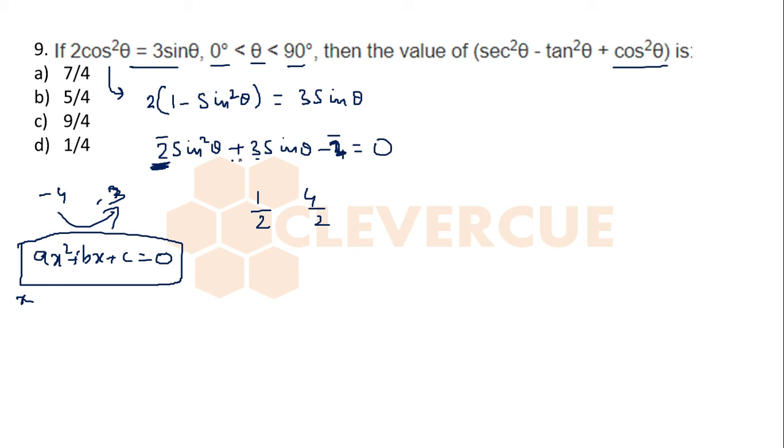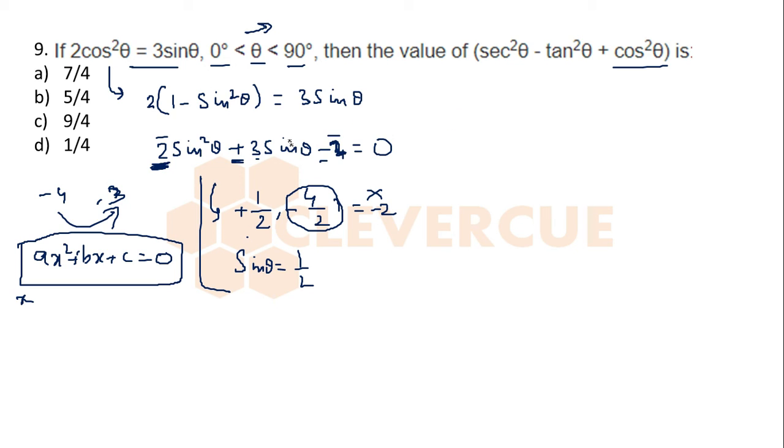Here the signs are plus and minus, and so the signs of the roots also will be plus and minus. So here you are getting minus 2 over here, which cannot be possible because the value of sine theta has to be in between 1 and minus 1 only. And in this case it has to be in between 0 and 1, and so the value of sine theta will be equal to 1 by 2. Now for students who don't know this method, I'll be telling you how to solve this.